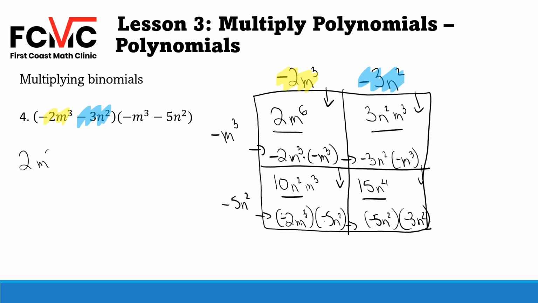2m to the 6th plus 3n squared m to the third plus 10n squared m to the third plus 15n to the fourth. All right, so now our like terms, we've got n to the second, m to the third, n to the second, m to the third, so our like terms are going to be right here.